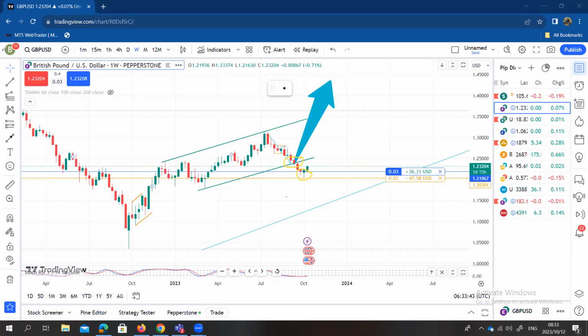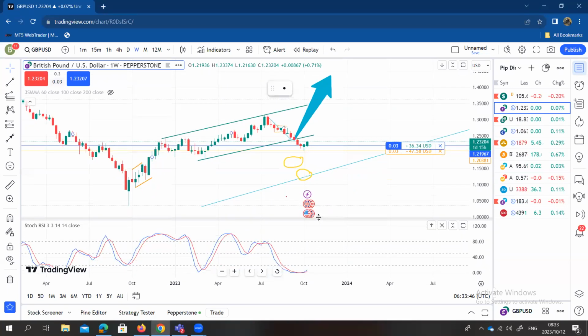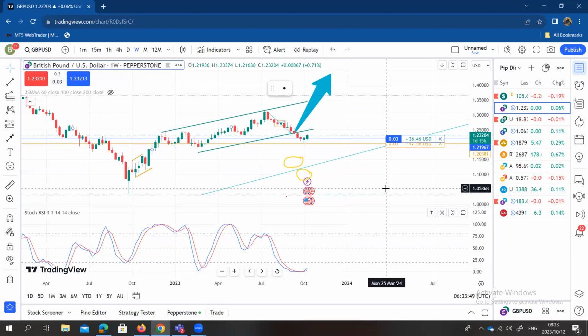If you check, even with the stochastic RSI here, we can see that it has reset at the bottom. And this signals that the pair is ready to move up, or this downward wave here has completed, which is the third wave in the correction, or a running flat there.